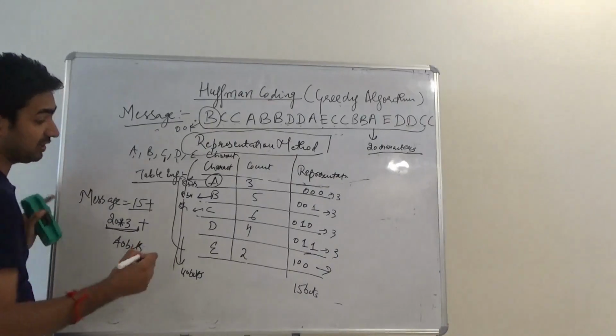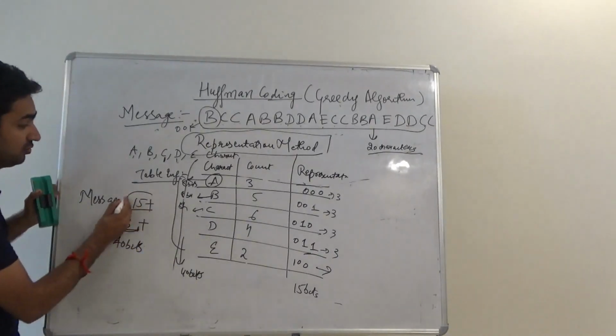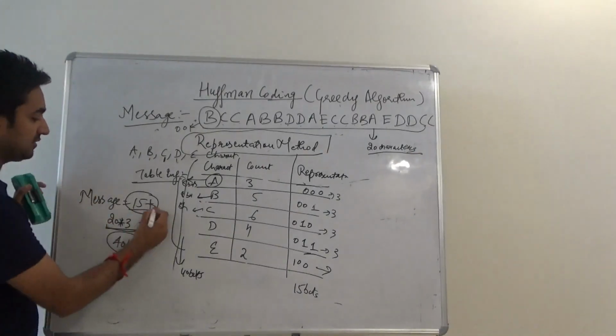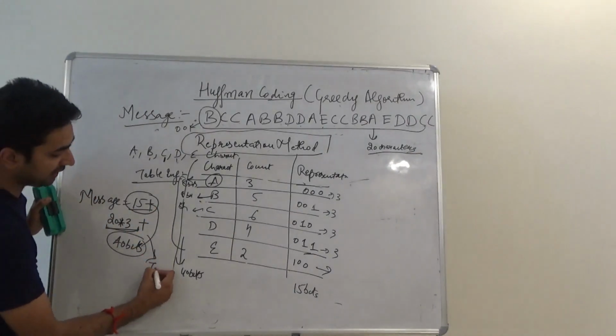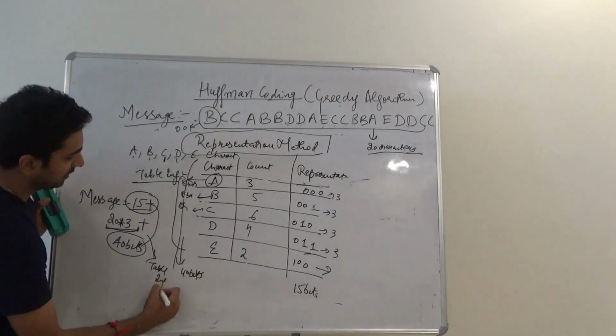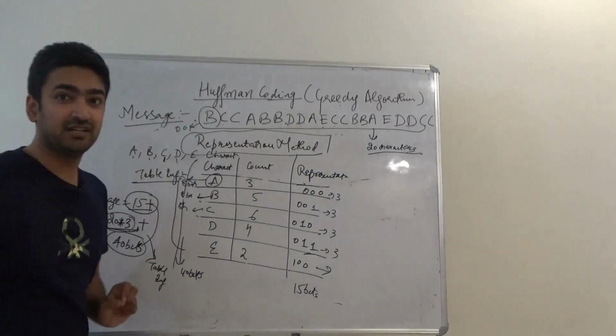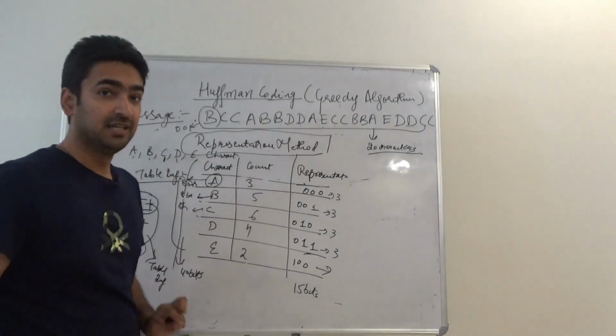Why? Because we cannot ignore this information also. This information and this information cannot be ignored, because both are table information, and this is obviously the message, and every character is represented as 3 bits.